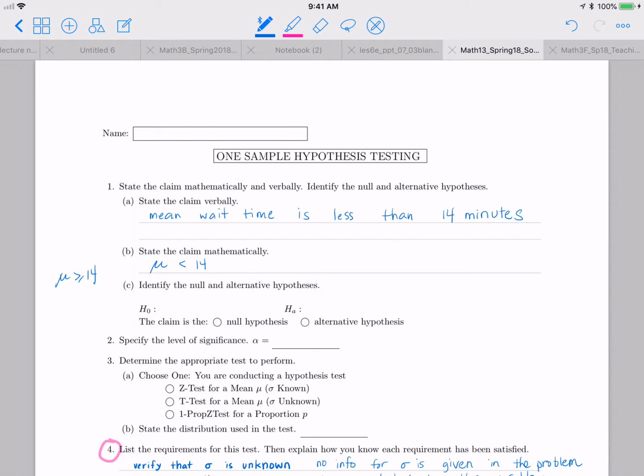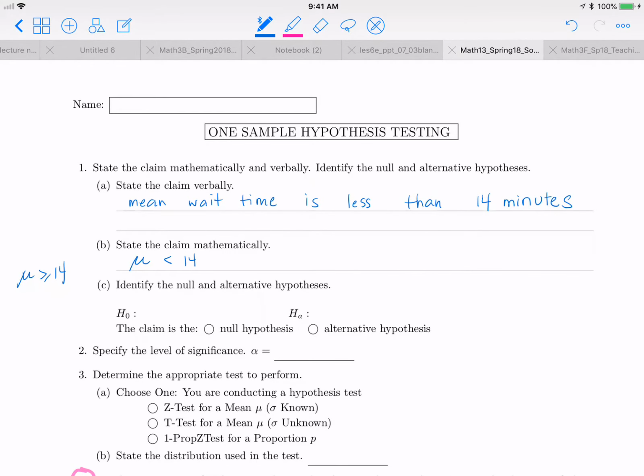And now, which one is the null hypothesis? The null hypothesis is going to be this one because it involves greater than or equal to. So let me put in here mu greater than or equal to 14. And then for my alternative hypothesis, it's going to be mu less than 14. The claim is the alternative hypothesis. So I'm going to check that one off.